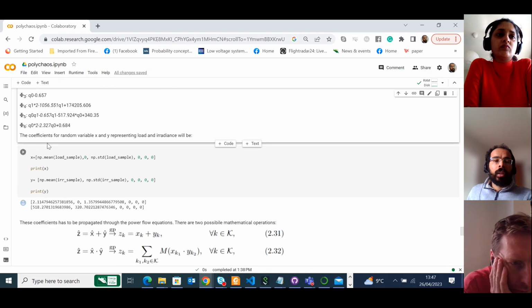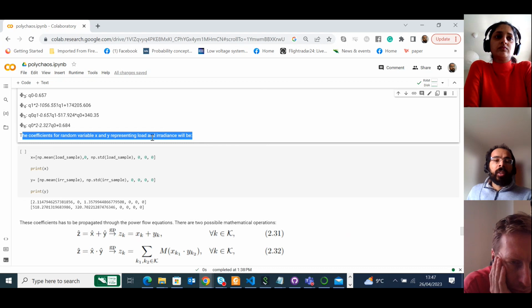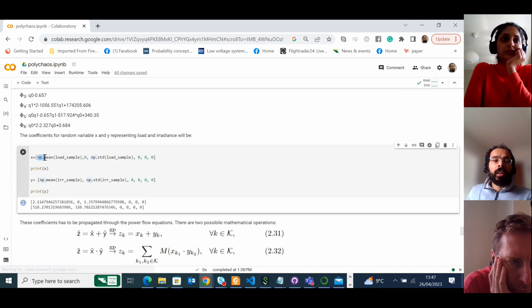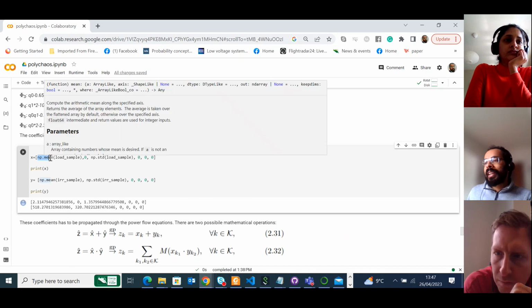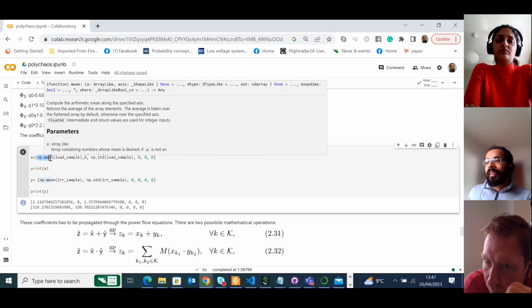Then the random variables x and y, representing load and irradiance, we can write using the central limit theorem, where for any distribution, the mean and standard deviation start converging if you take a sufficiently large number of samples.